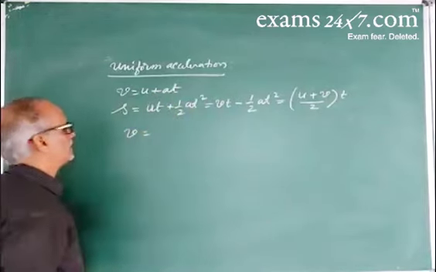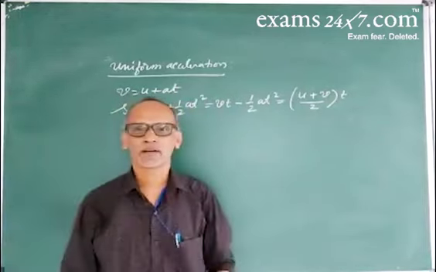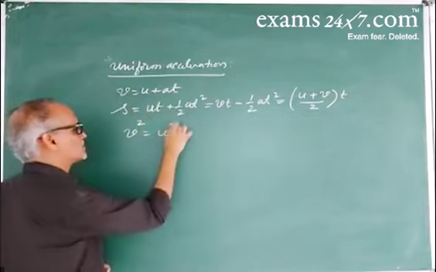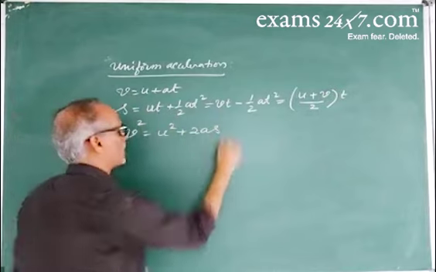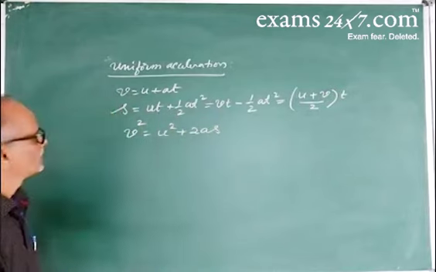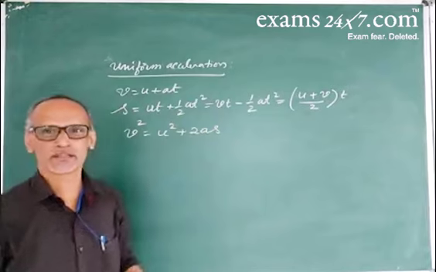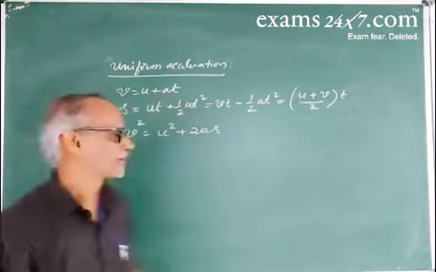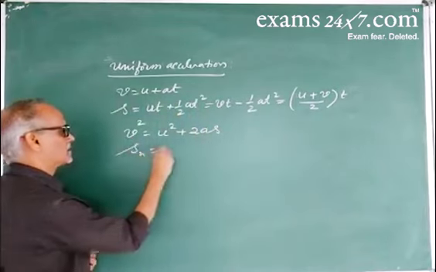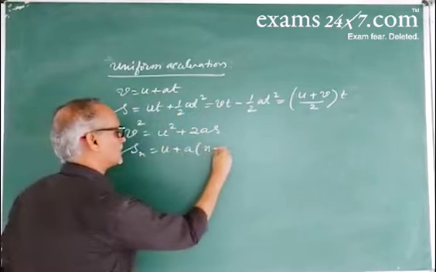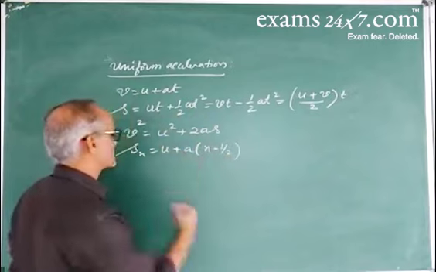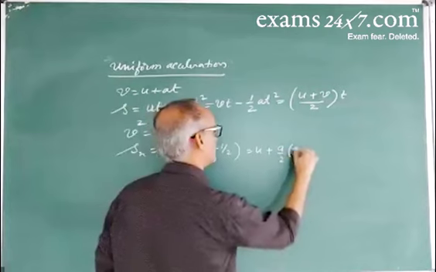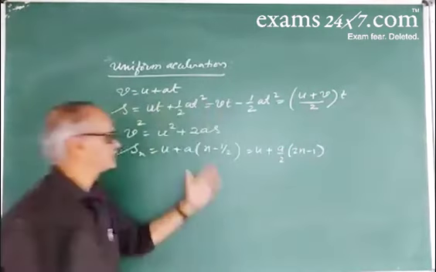Then velocity after covering a certain displacement s is given by v square is equal to u square plus 2as. So we have two more special cases. That is to find the displacement or distance during nth second. That is Sn is equal to u plus a into n minus half, that is same as u plus a by 2 into 2n minus 1.